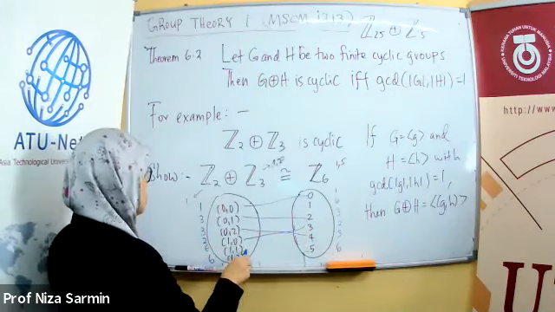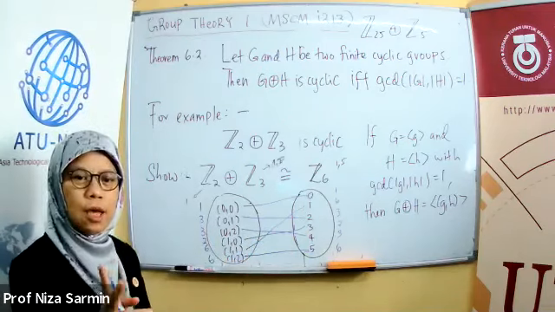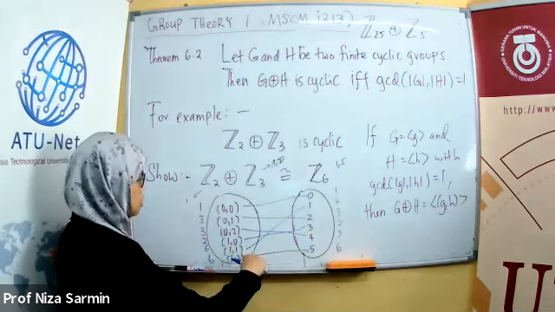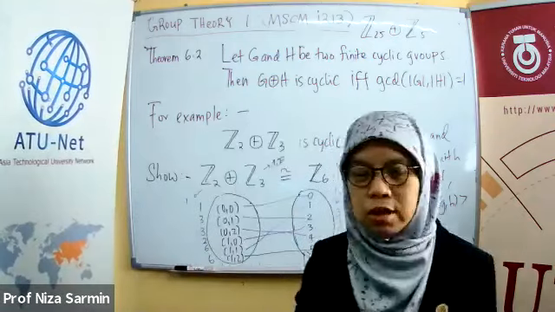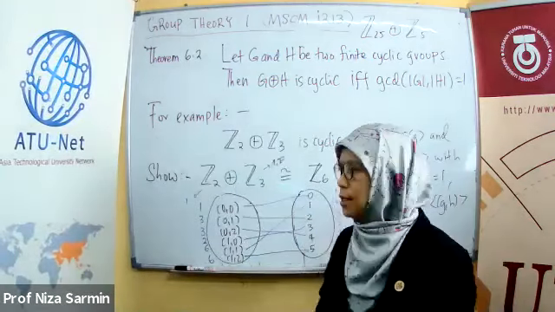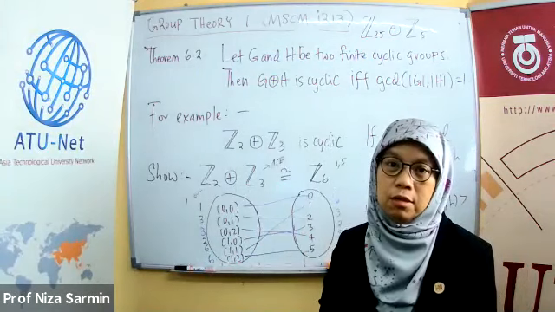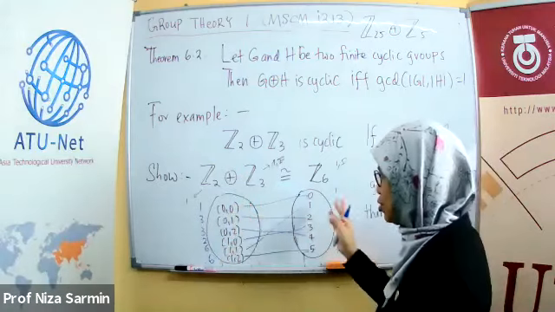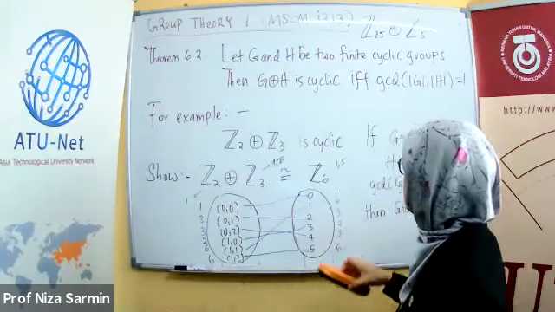Now order 6: there are possibilities because you can go order 6 here, here, or here, here. Both will work. And then this is 1 to 1 and onto, and then you have to show it preserves the operation. Okay, so by theorem, you don't have to show. By theorem it is cyclic, so it's isomorphic to Z6.